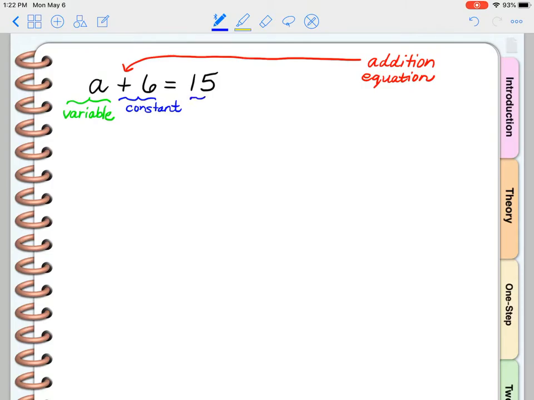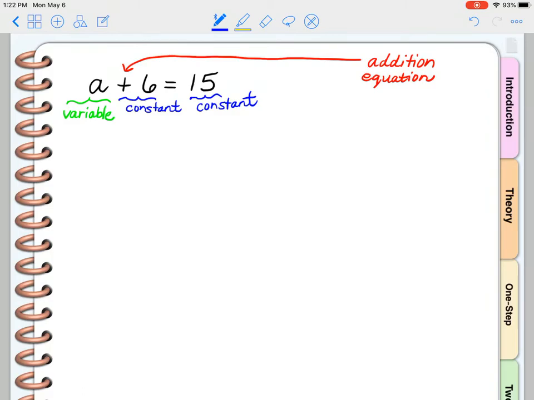The 15 is a constant. And the equal sign tells me that there is a solution to this problem. This is not an expression that we can simplify. It's an equation that we can actually solve. We can find the value of A.